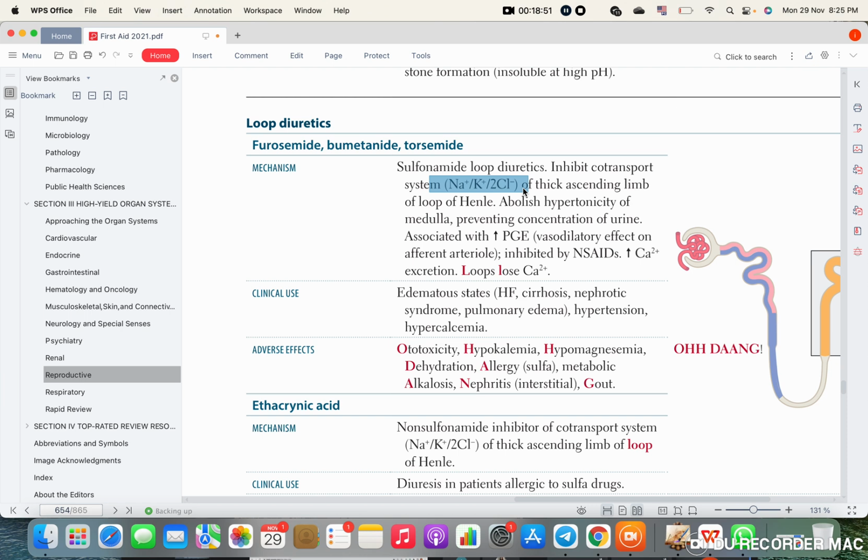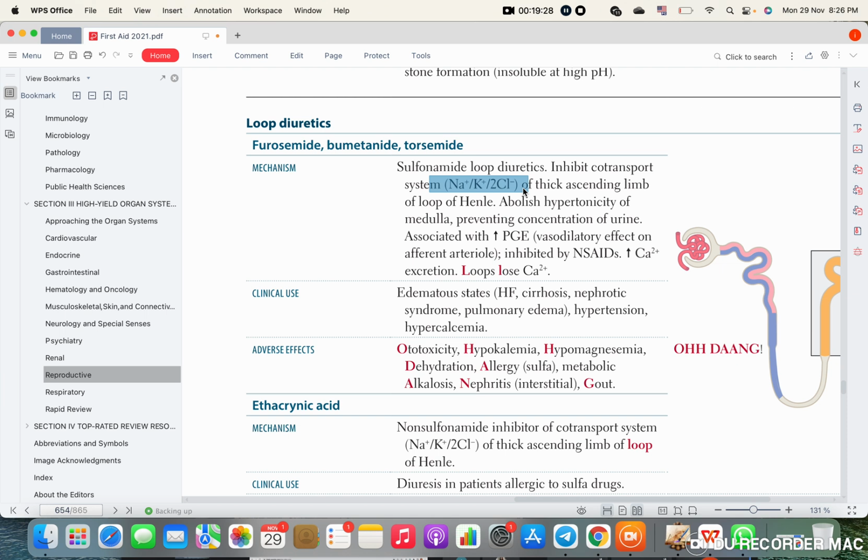So if you reabsorb less of these substances, are you having hypo or hyperkalemia? Hypokalemia, good. What about the chloride and sodium, high or low? All of them will be low. So the tonicity of the interstitium of the kidney will go up or down? Yes, it will be down.